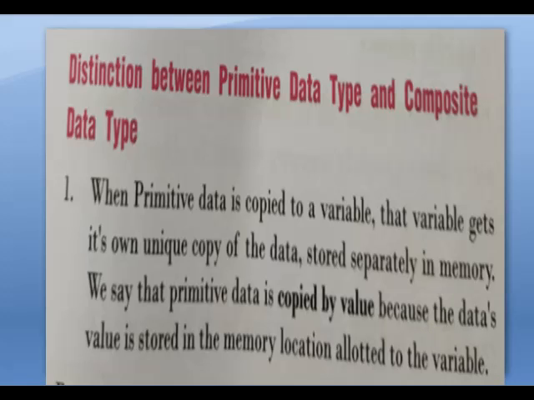So the primitive data types are always copied by value, whereas composite data type is always copied by reference. Okay, so the composite data type is always copied by reference.